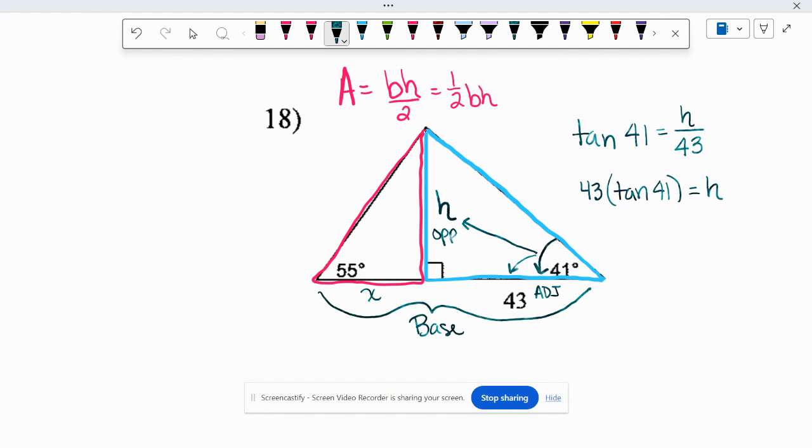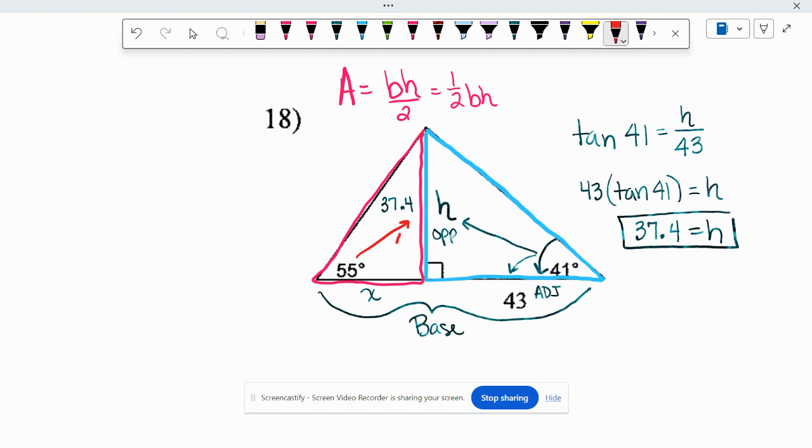Yeah, I got it. Isn't it 0.3 something, like 373? 37.4. So that's the height of your triangle, and I'm going to put that right here so you can see it. 37.4. Now I'm going to go to the red triangle. Is the 37.4 the O, the H, or the A?